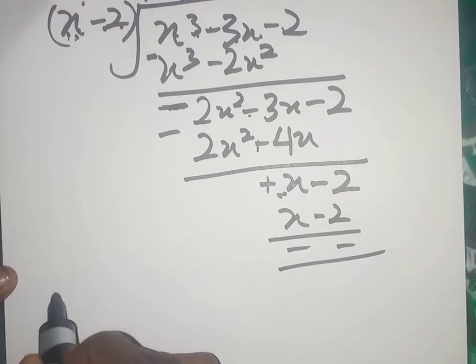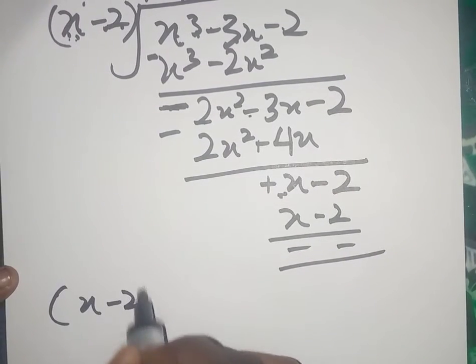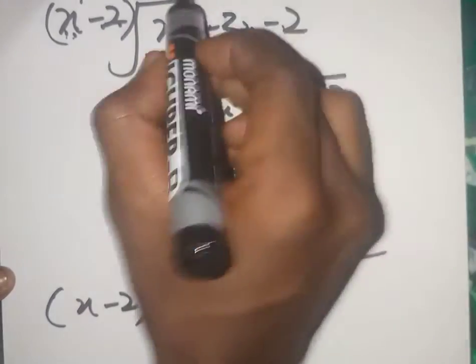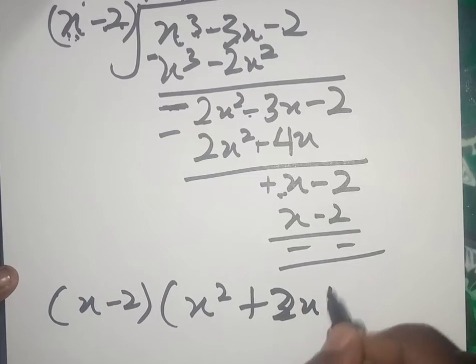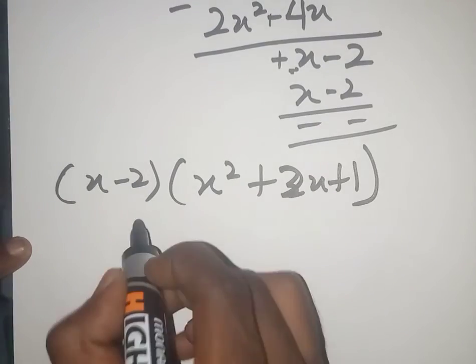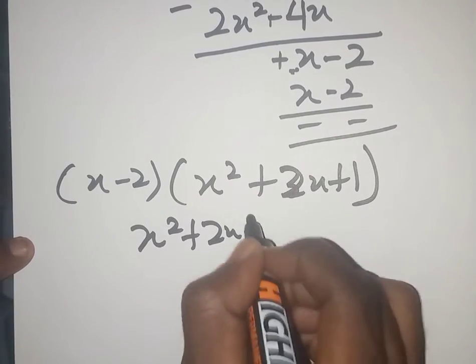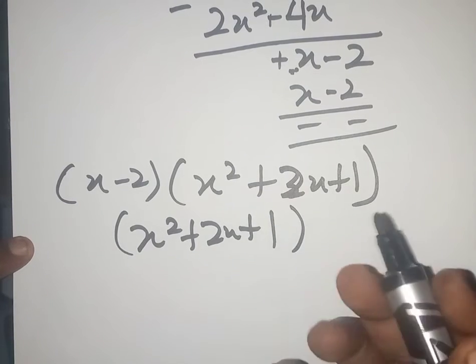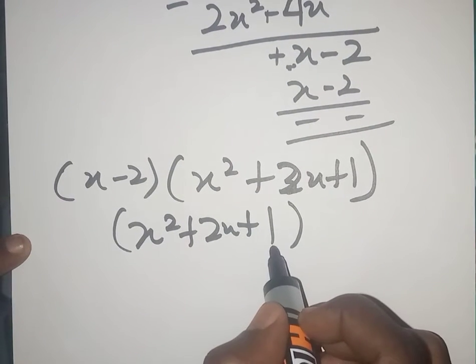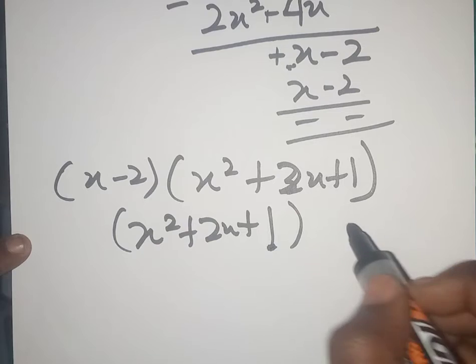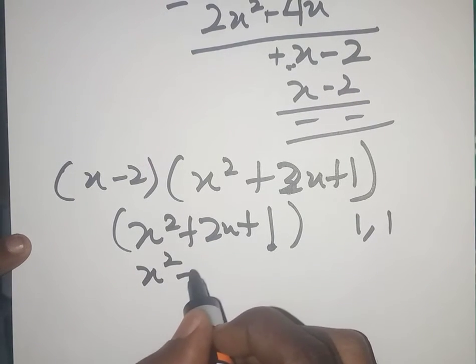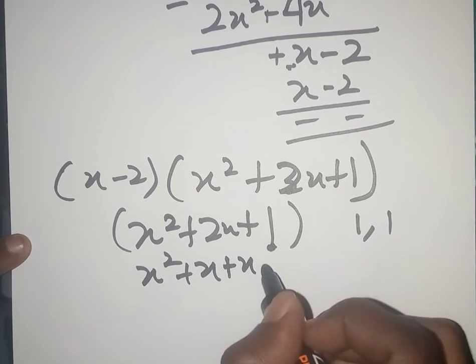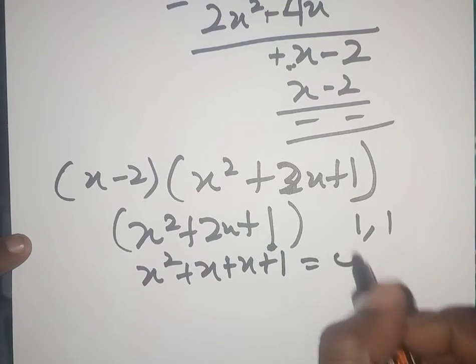Now, which means that the other roots of the equation, we have this already, and then we have the quotient here, s squared plus 2s plus 1. We can easily solve this. So you realize that we have s squared plus 2s plus 1 being equal to 0.